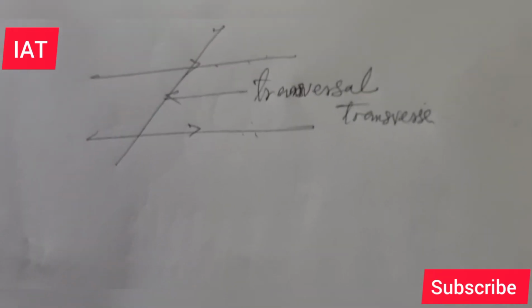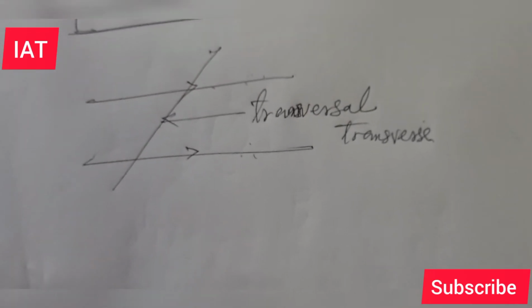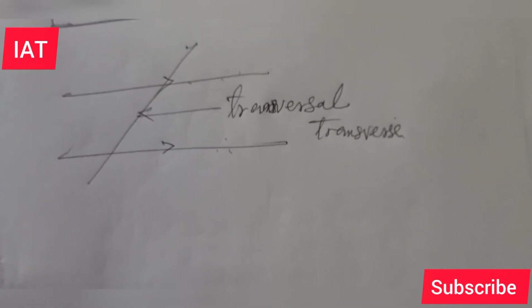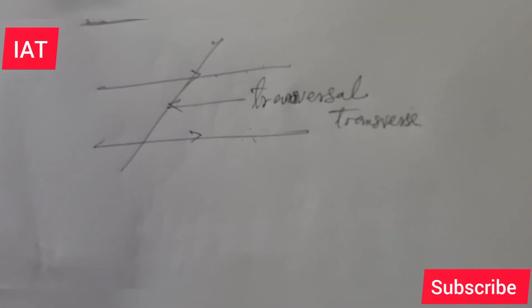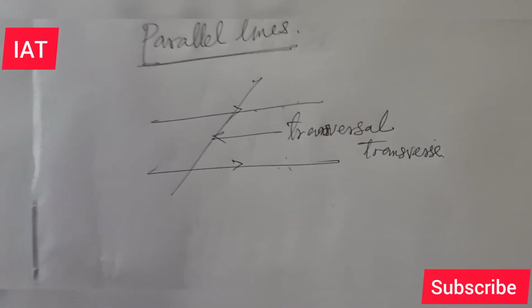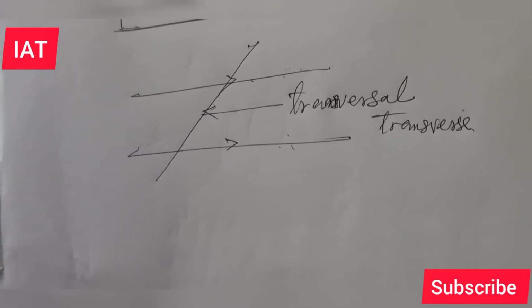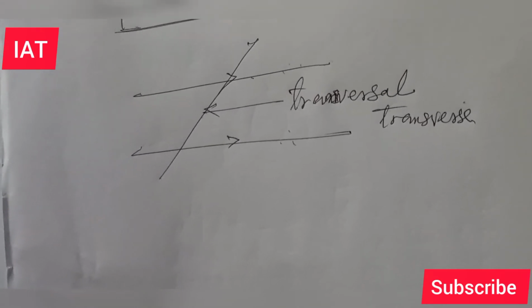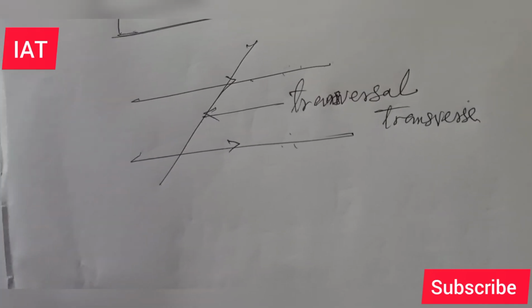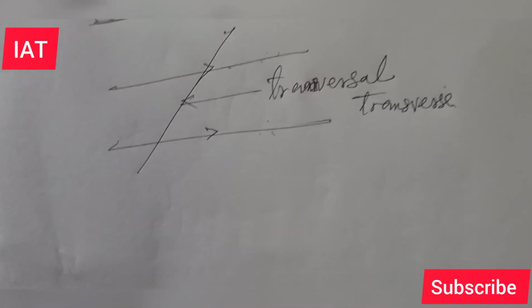All right, so the next thing we're going to focus on is solving problems associated with this. But before we delve into solving problems, it is also okay that we discuss what we call the corresponding angle. We need to look into corresponding angles and see their property in case of necessity.